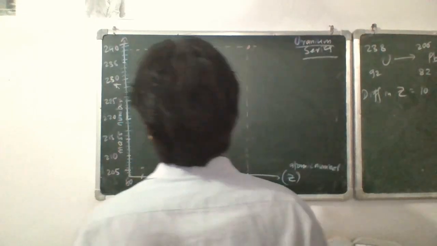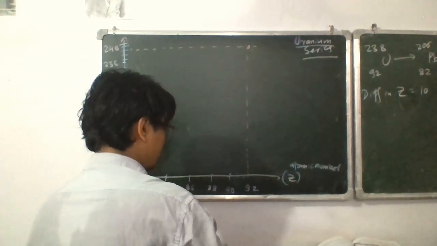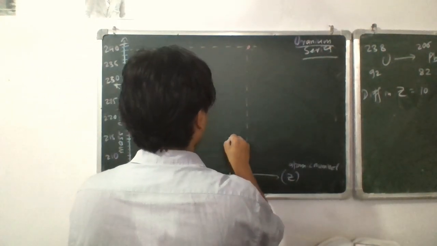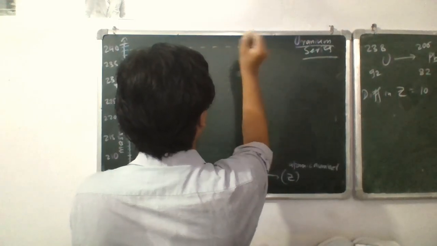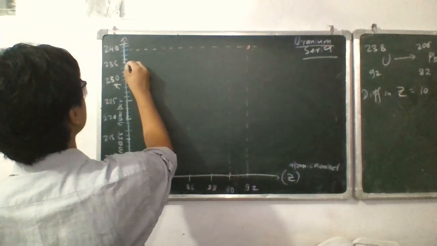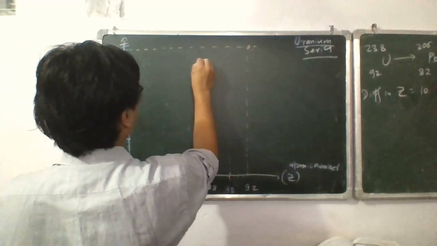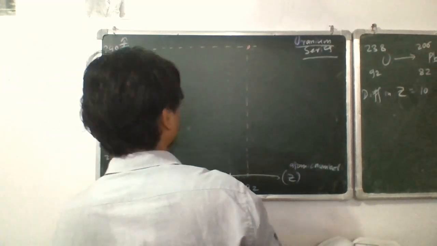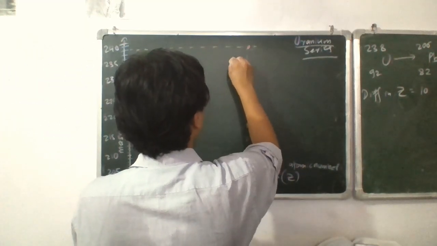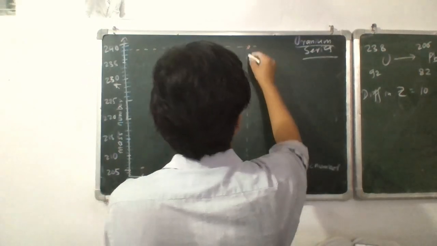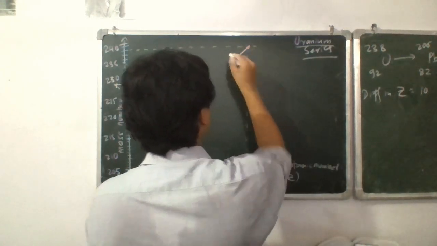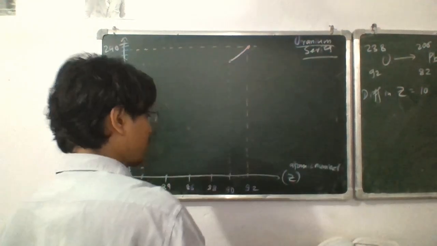So 90 and 234. Where is 234? It is 31, 32, 33, 34. So the first step would decrease it from here to here. This is the first decrease. What after this?